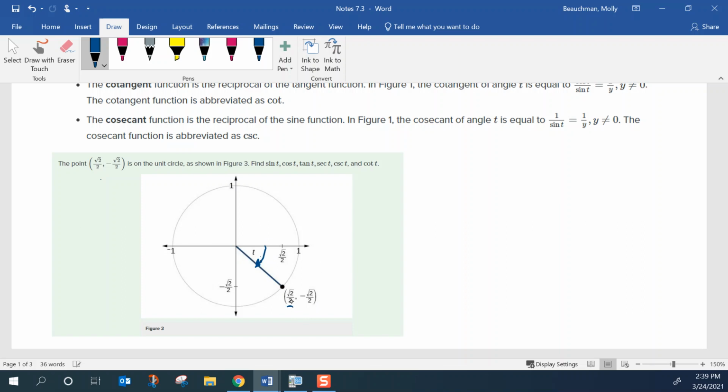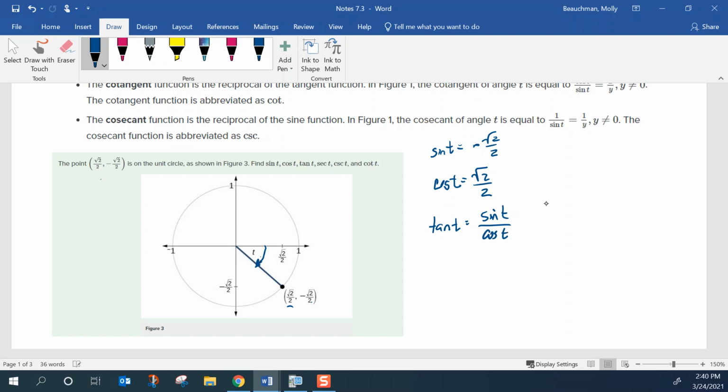But I know that the x-coordinate is equal to the cosine. So I know the cosine of angle T is equal to the square root of 2 over 2. I also know the sine of T because that's the y-coordinate, negative square root of 2 over 2. The tangent is equal to the sine divided by the cosine.